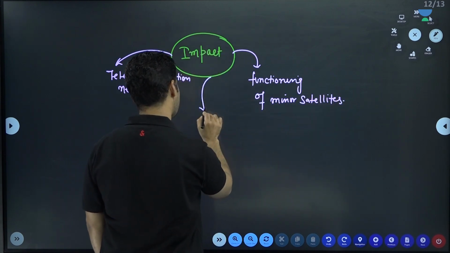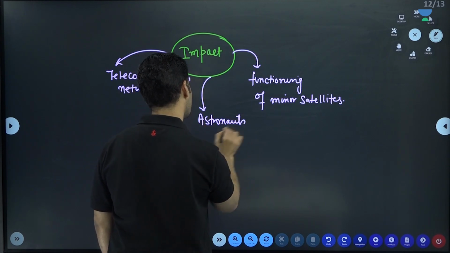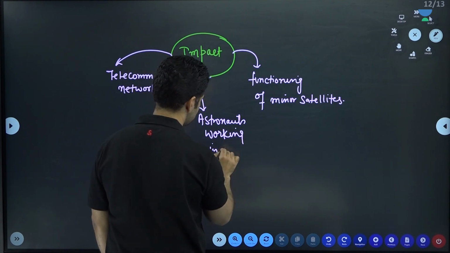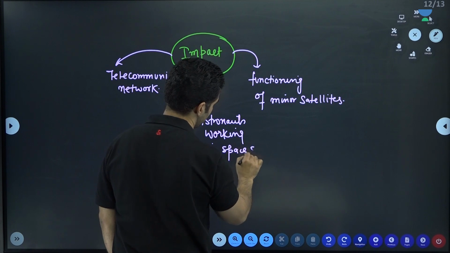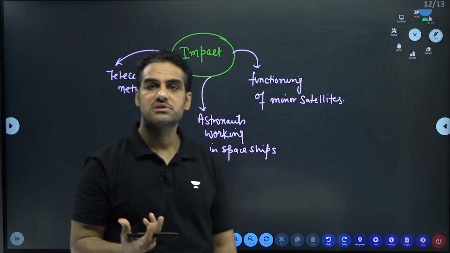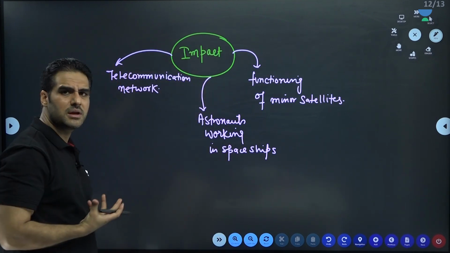It can even impact the astronauts working in spaceships, because it can also affect the electronic systems there. Is it clear? So it has many more other impacts. These are the main impacts.